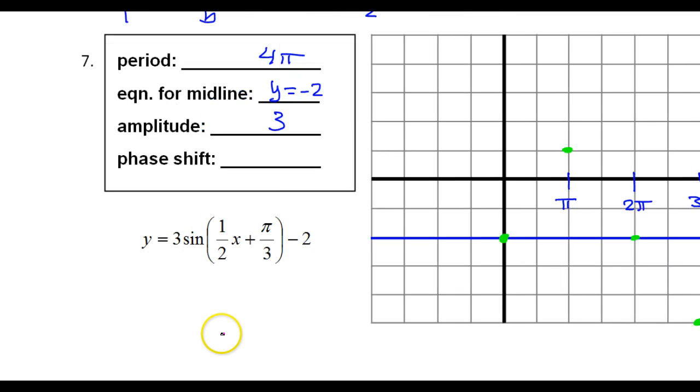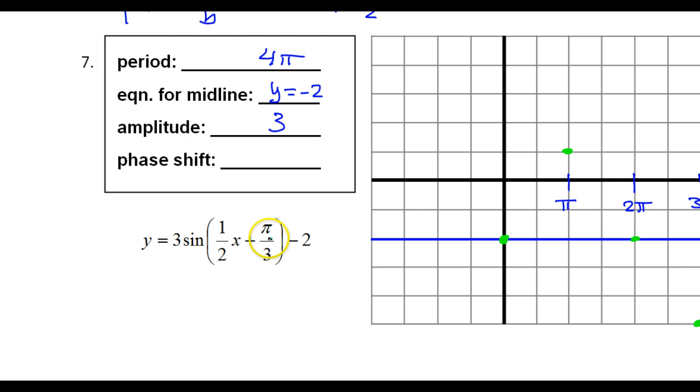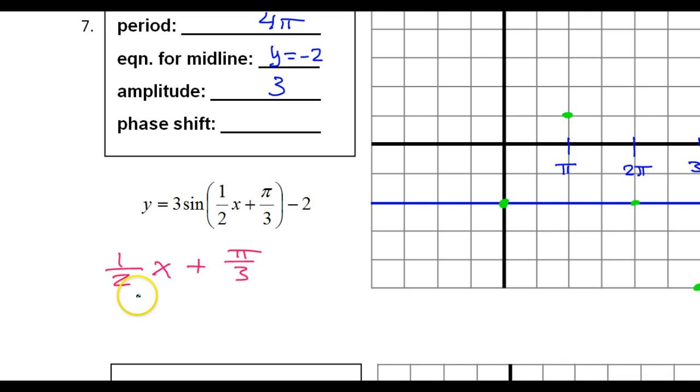The way phase shift works is focus your eyes on the part that's inside the parentheses here. I have 1/2 x plus pi over 3. I need to factor out this coefficient.